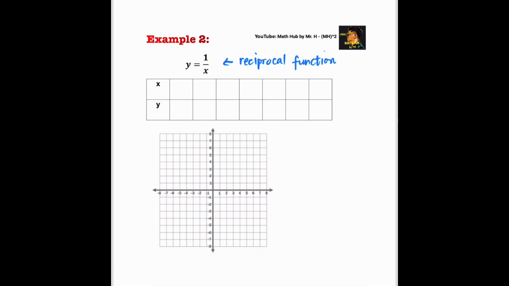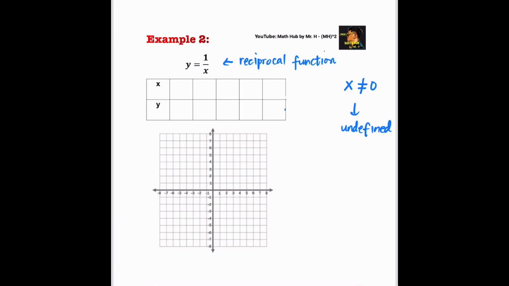It's very obvious that here x must not be equal to 0. The reason why is, if x is 0, it will be undefined, right? So any values of x will do as long as they are real numbers and not 0.